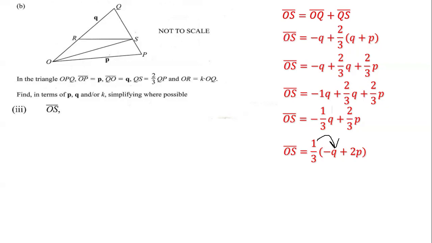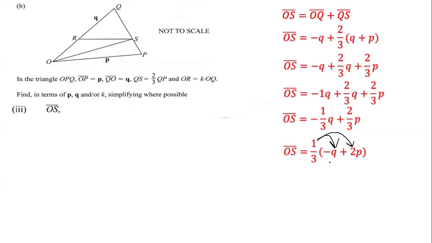And we can multiply 1 over 3 by positive 2P, and that gives us 2 over 3P. So these two are saying the exact same thing. This is the factored form of the one on top.